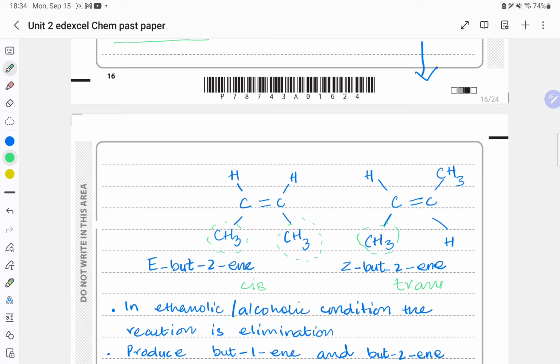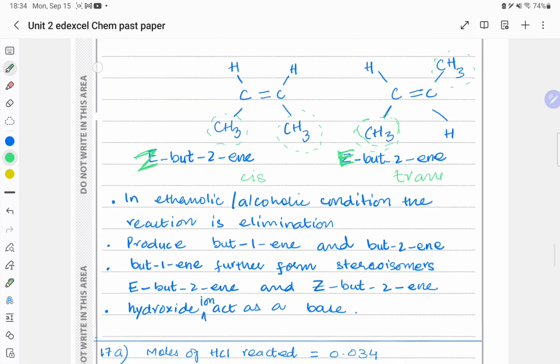So it's not Z, it's going to be E, and this is going to be Z. Always remember, E means enemy, enemies are on the opposite side. How are you going to find out the priority groups? You're going to find out the molecular mass of these two elements. Here both the priority groups are on the opposite side, so that's why it's going to be called E.